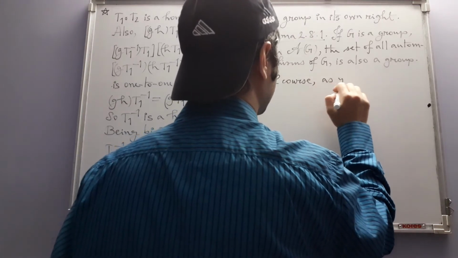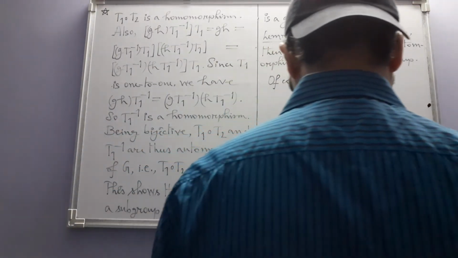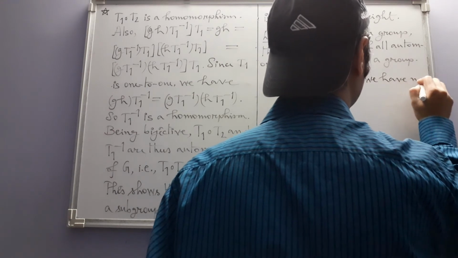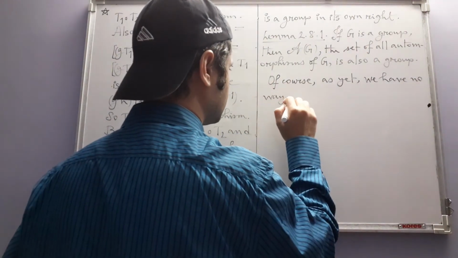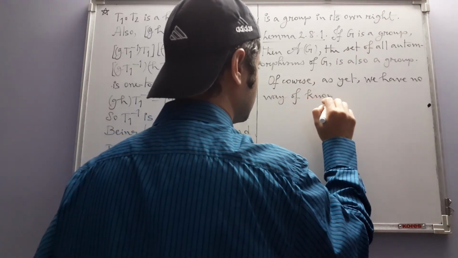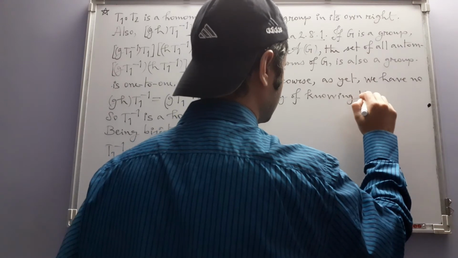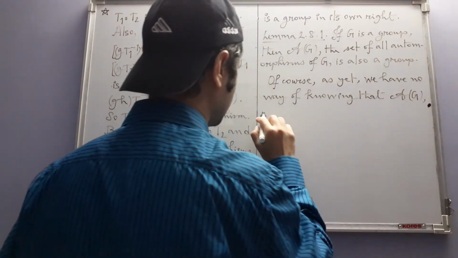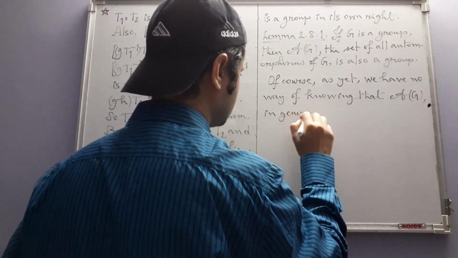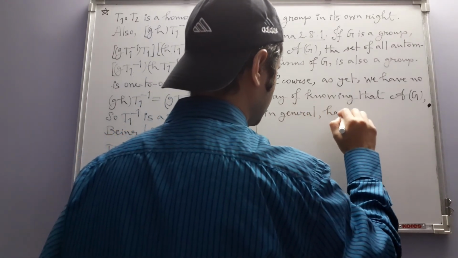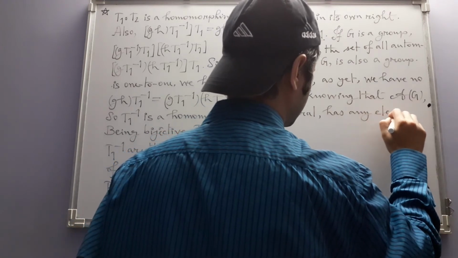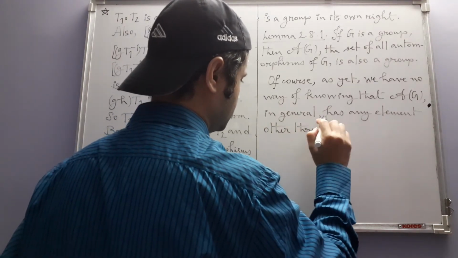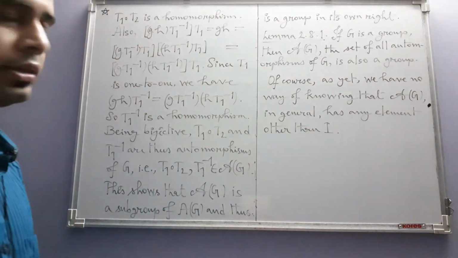Of course, as yet we have no way of knowing that this in general has any element other than I, the identity automorphism.